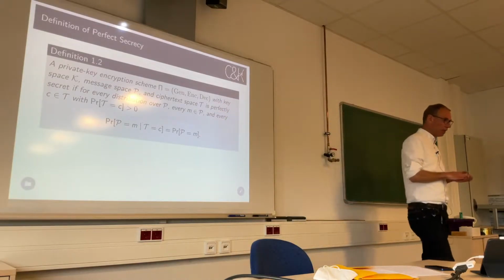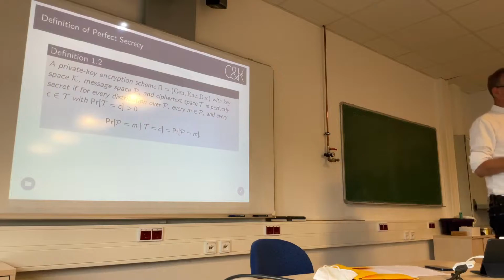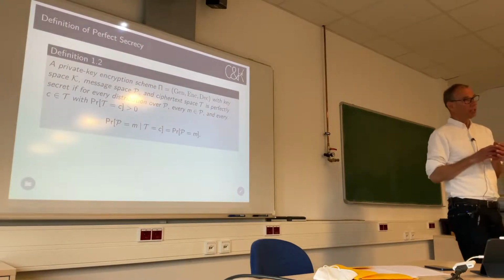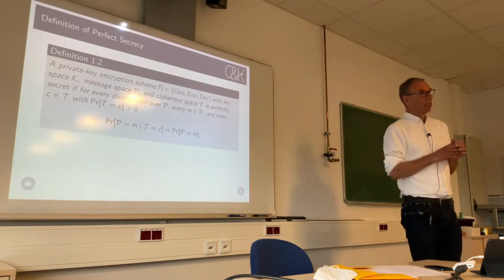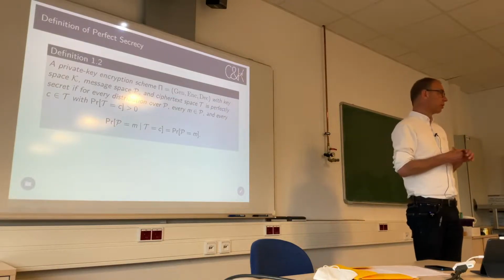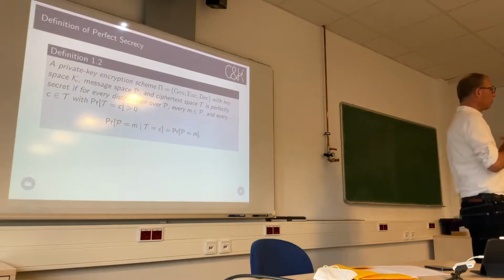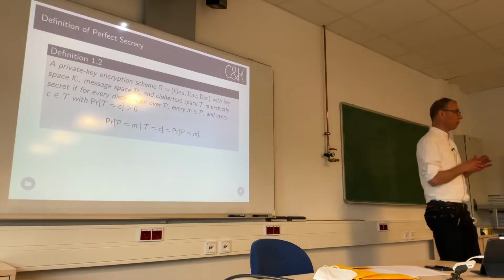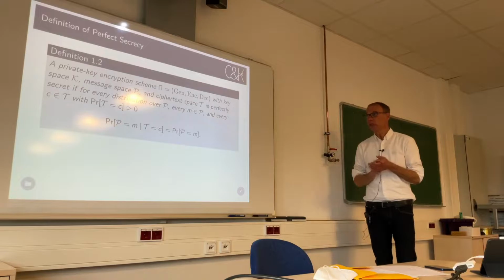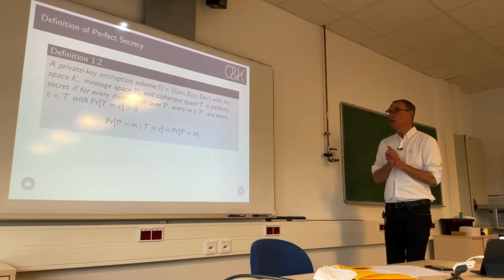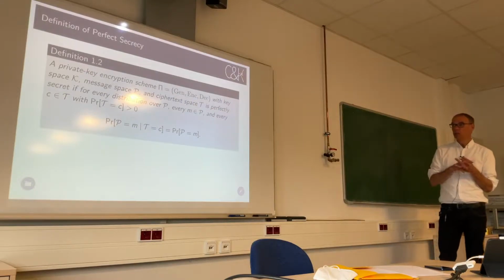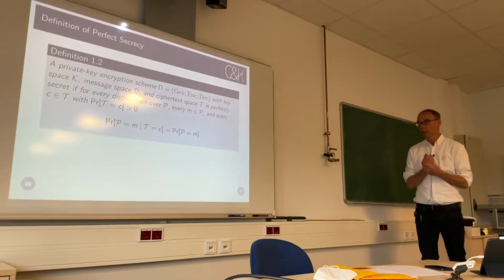And then the goal we want to achieve with encryption schemes is confidentiality, which means that we want to encrypt data so that the encryption doesn't reveal information about the underlying plaintext. Our first formalization of this goal of confidentiality was perfect secrecy, introduced by Claude Shannon.